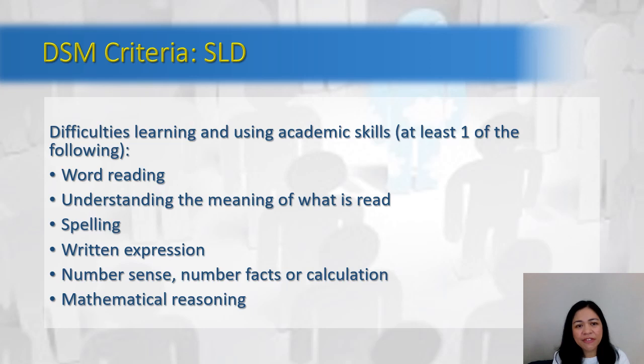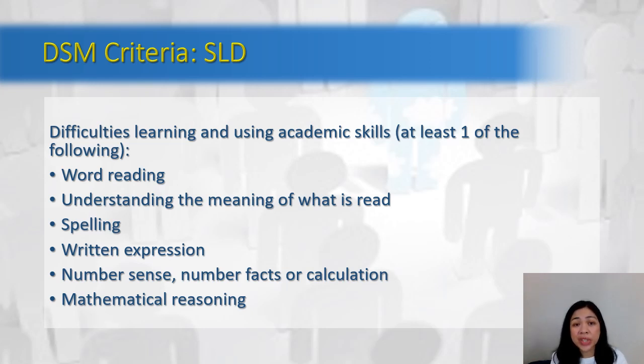So in DSM-5, these are the criteria for specific learning disorder. This is defined as having difficulties in learning and using academic skills in at least one of the following.